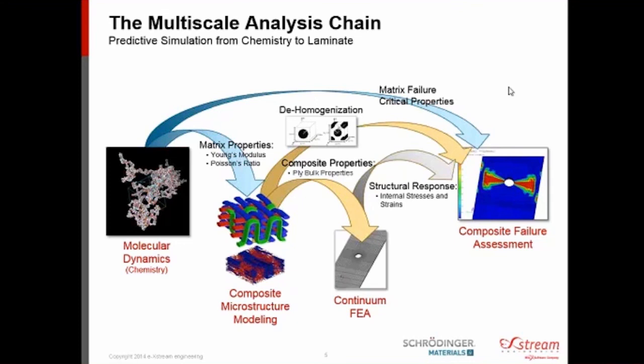So any multiscale analysis chain can't have any gaps in that process. So you can't have a place where the linkage breaks down and you have inputs that are required that aren't predicted from molecular dynamics for the matrix.